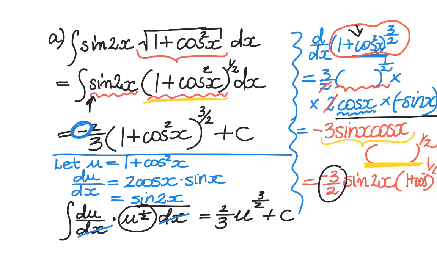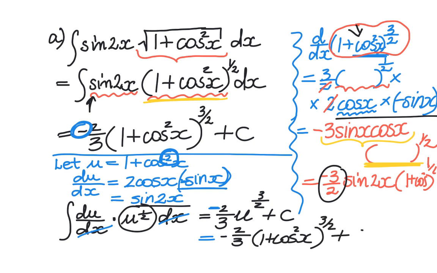Okay, I lost it in this step because the derivative of cos square is 2 cos, and the derivative of cos is negative sine of x. Okay, sorry for that. And now if we just substitute, minus 2 over 3, u was 1 plus cos square of x, to the power of 3 over 2 plus c.